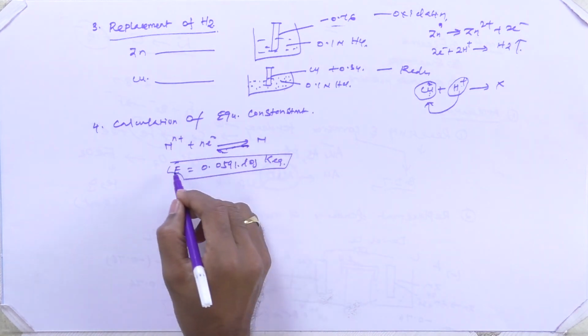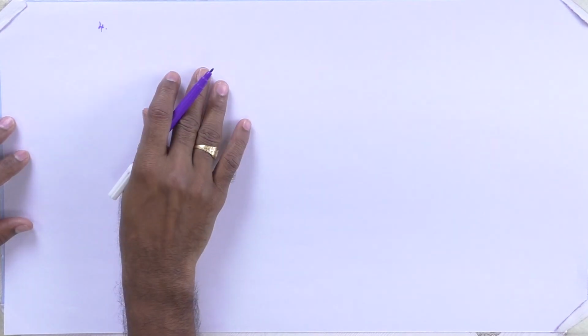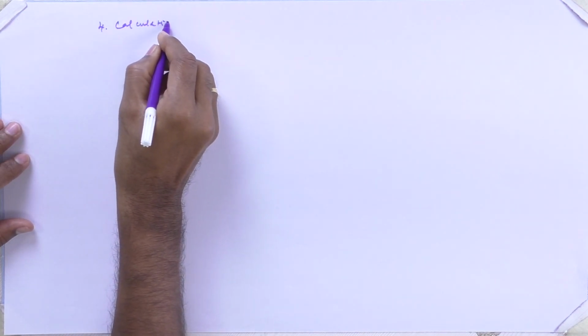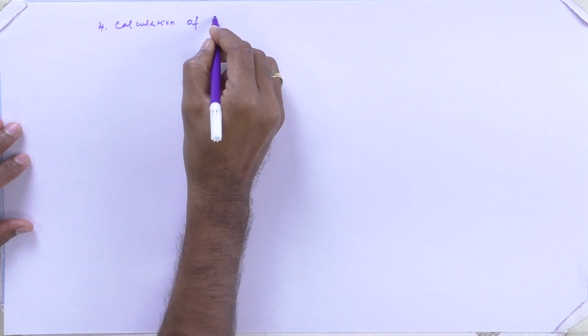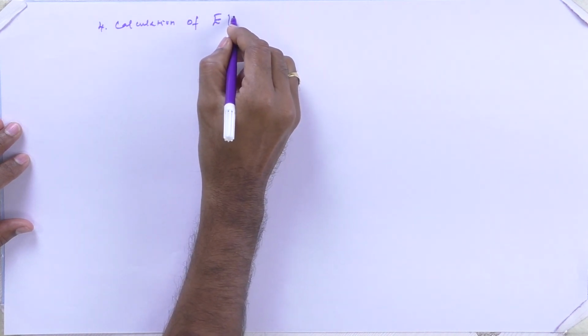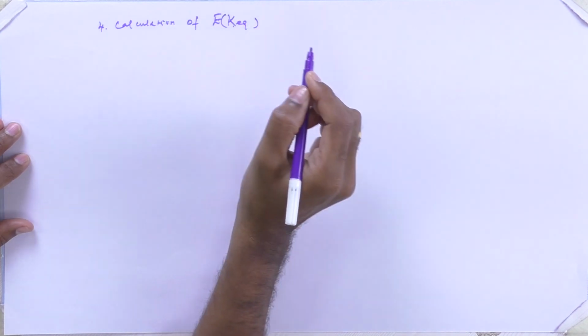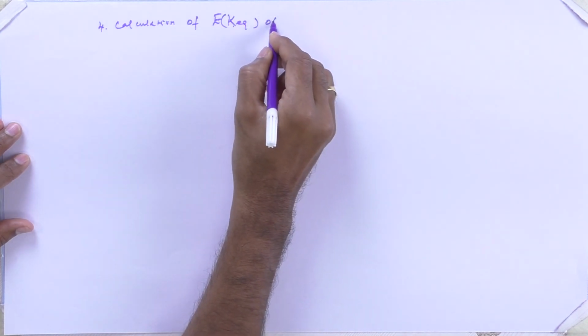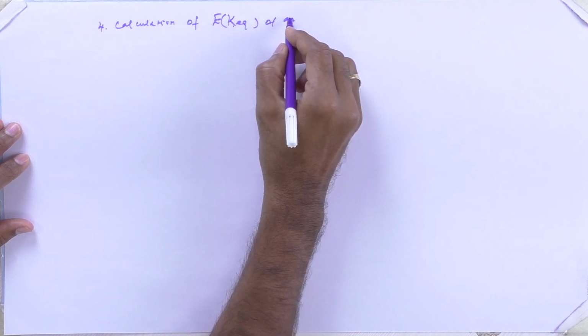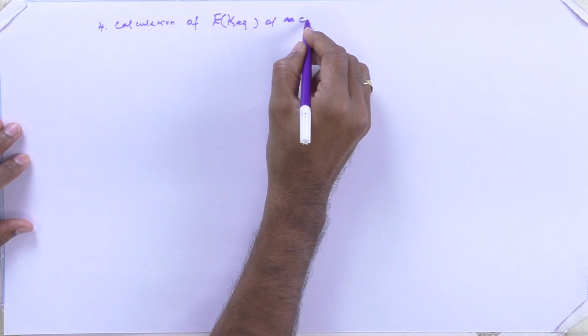The fourth application of electrochemical series is the calculation of equilibrium constant K of a chemical reaction.